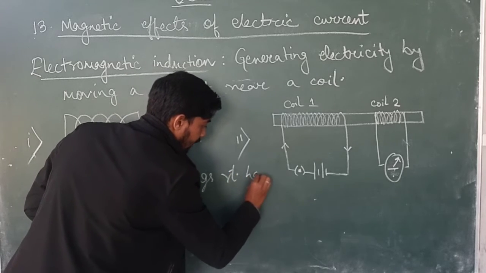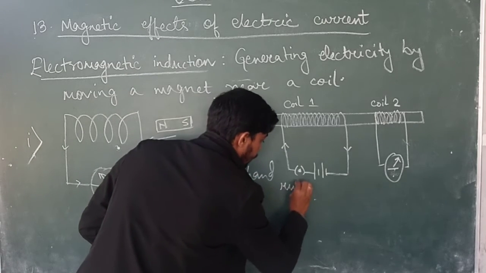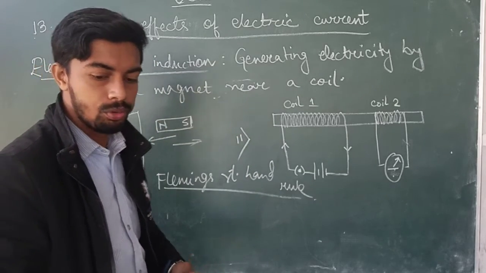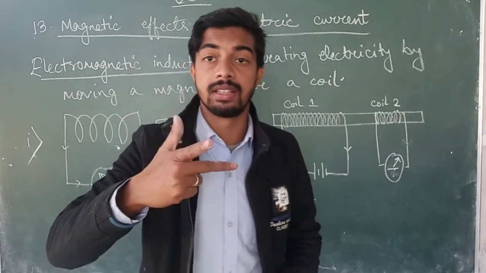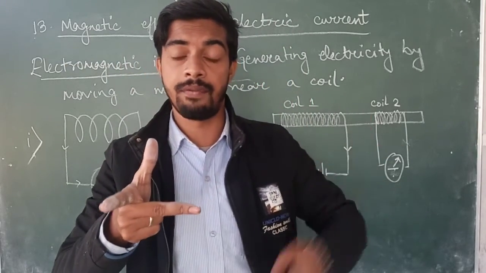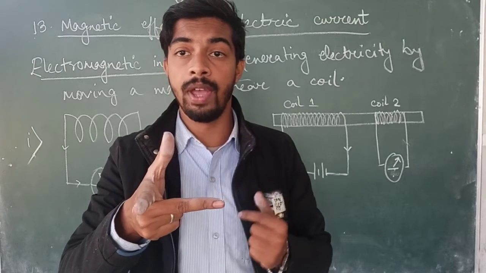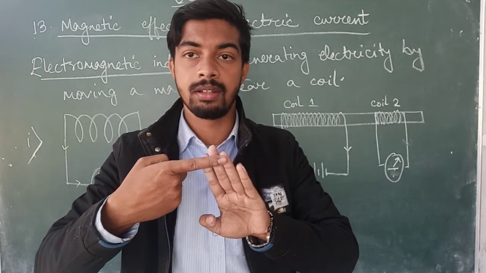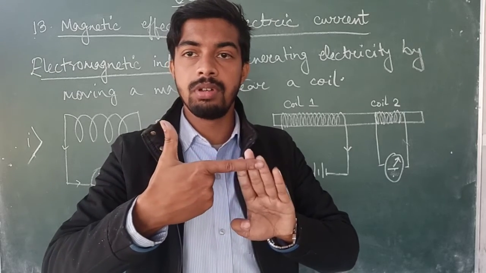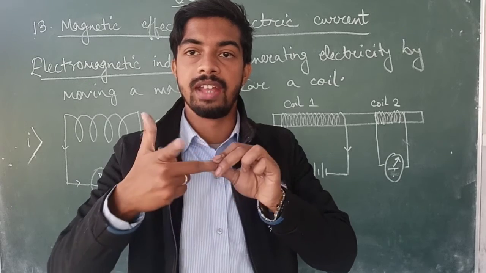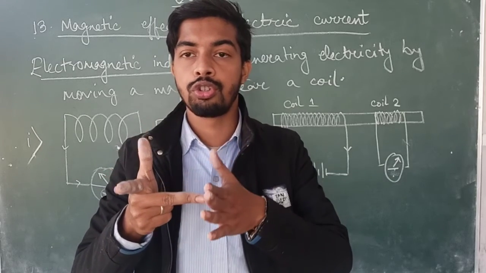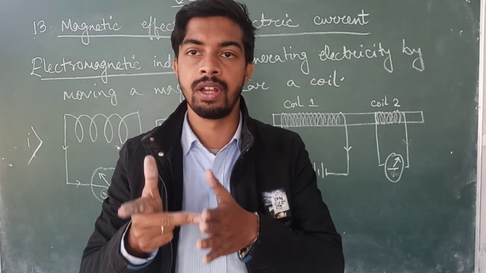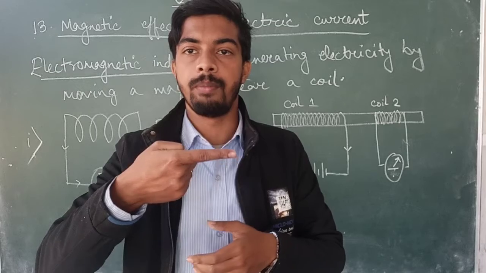right hand rule. Fleming's right hand rule. So in Fleming's right hand rule, we extend our fingers like this of the right hand, just like the left hand. We extend our fingers like this, where the forefinger shows the direction of magnetic field, the thumb shows the motion of conductor, and the middle finger pointing in any direction shows the direction of electricity produced, or the direction of induced current.